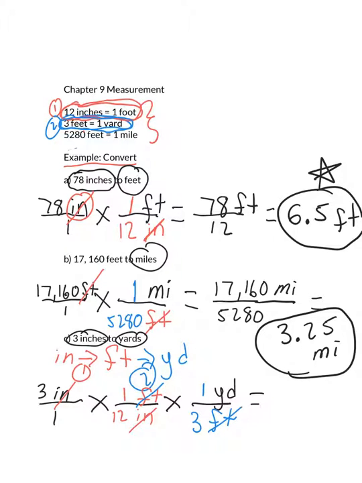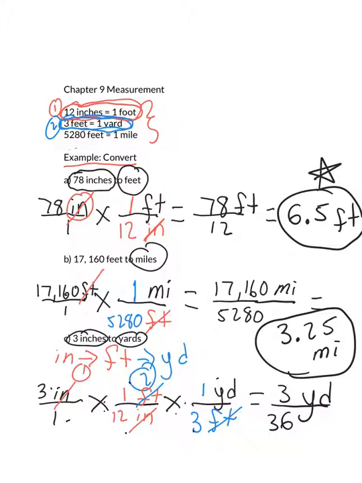Step 3, we multiply across the tops and bottoms. On top, I have 3 times 1 times 1 yard for 3 yards. On the bottoms, I have 1 times 12 times 3 for 36. So I'm going to do 3 divided by 36 on my calculator.